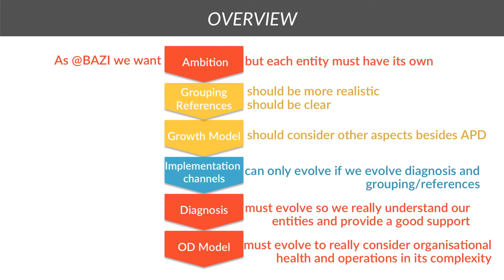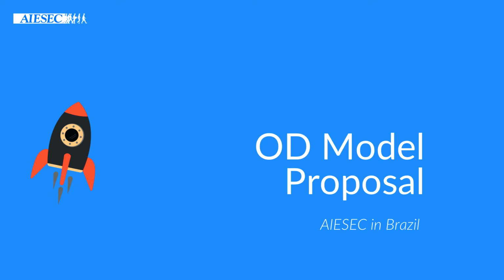So this is basically the overview that we had, and then we built another OD model based on these conclusions, understanding that we wanted the best support for the entities so we can drive them to grow.